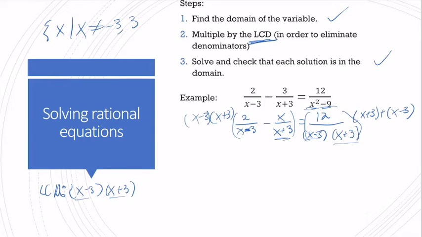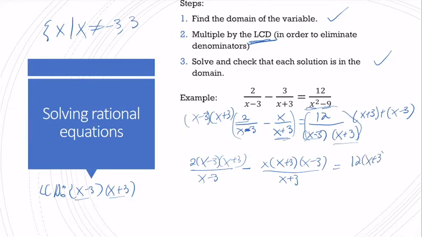So now I have 2 times x minus 3, x plus 3 over x minus 3 minus x times x plus 3, x minus 3 over x plus 3 equals 12, x plus 3 times x minus 3 all over x plus 3, x minus 3.